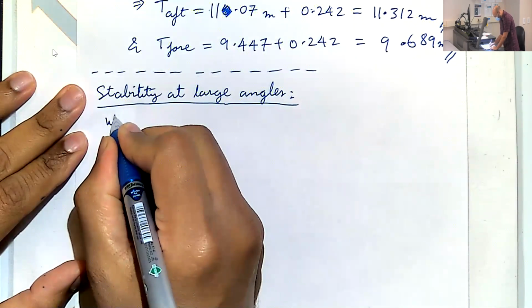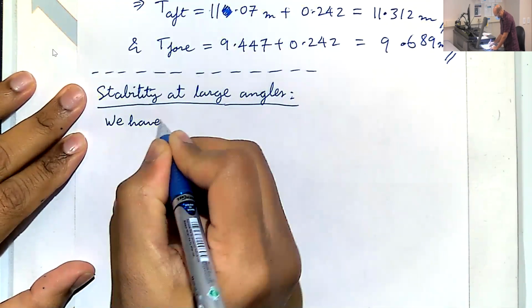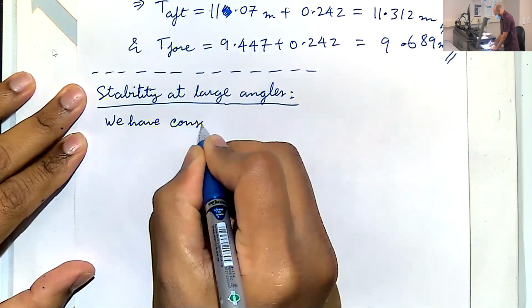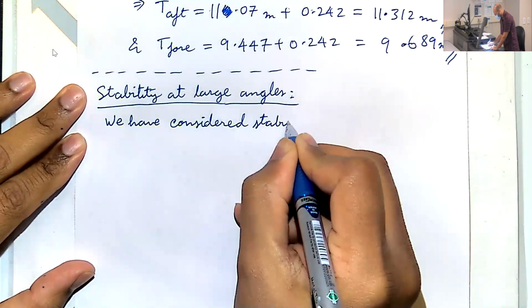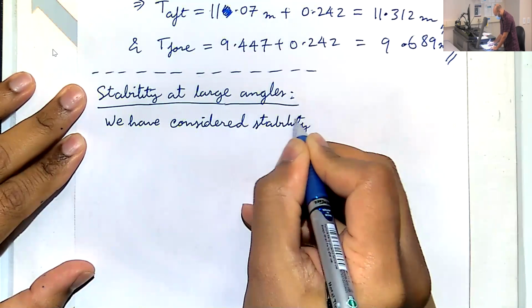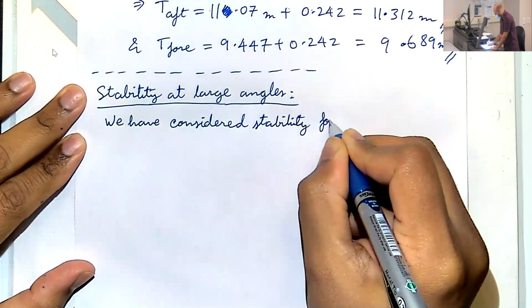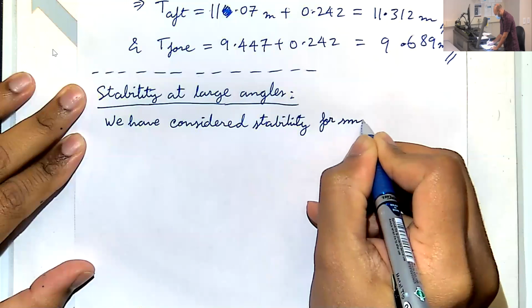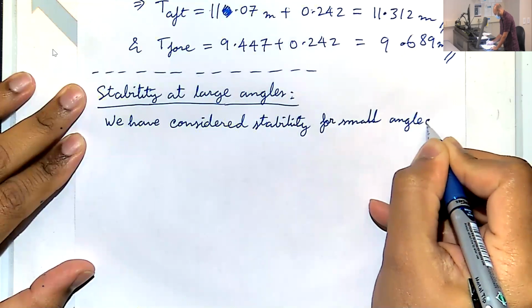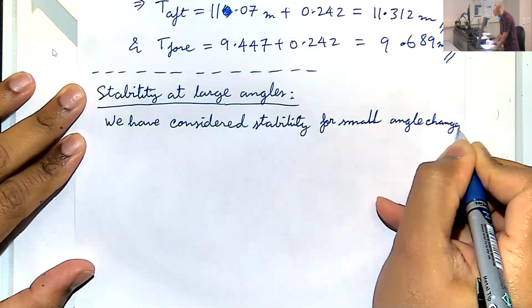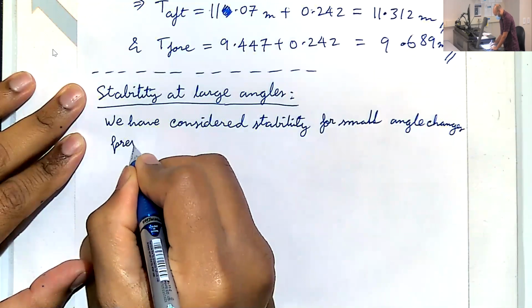So we have considered stability for small angle changes previously.